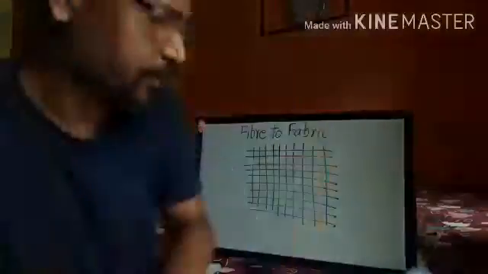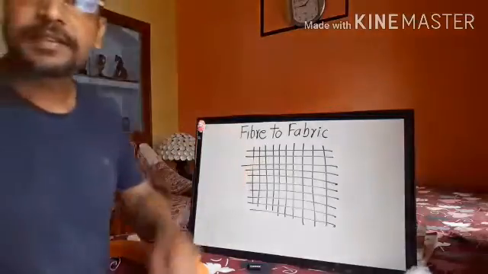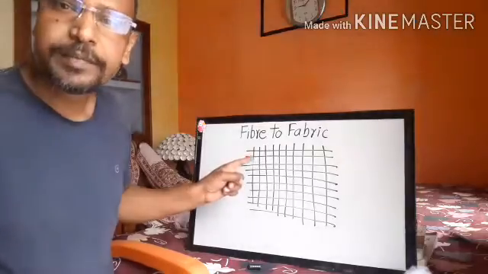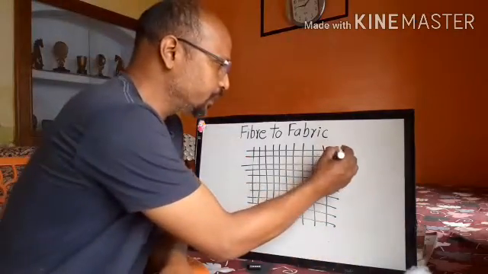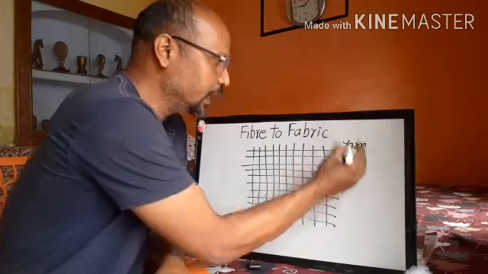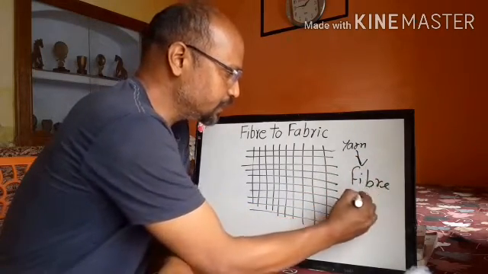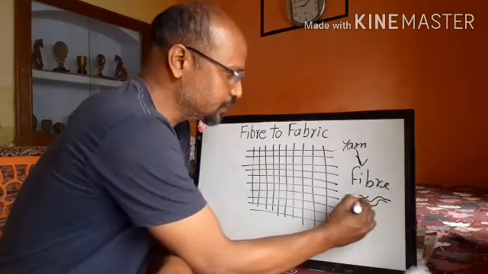You can see there is the same kind of pattern. On that cloth there is a pattern that I have drawn on the board. So this is the piece of cloth, and it is made up of yarn, and yarns are made up of fibers. They are very thin structures.